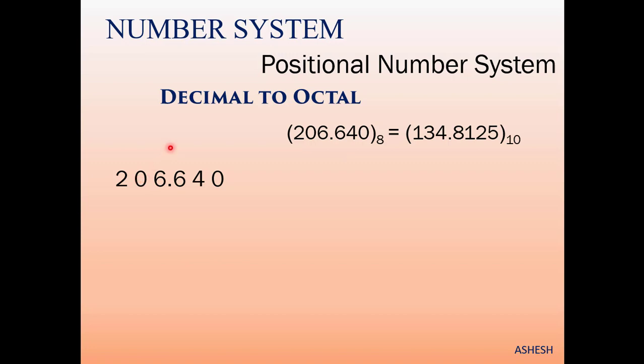For the fractional part, we'll write -1, -2, -3 on top of those digits, and for the non-fractional part 0, 1, 2. 2 into 8 to the power 2 plus 0 into 8 to the power 1 plus 6 into 8 to the power 0 plus 6 into 8 to the power -1 plus 4 into 8 to the power -2 plus 0 into 8 to the power -3.